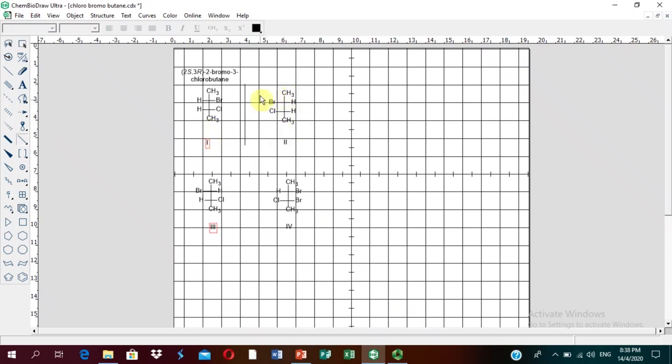And then if you bring these molecules together here, you'll have number 1 and number 2 not overlapping each other. Non-superimposable, because Br will overlap with H and H will overlap with Br. So structure number 1 and 2 is an enantiomer pair.